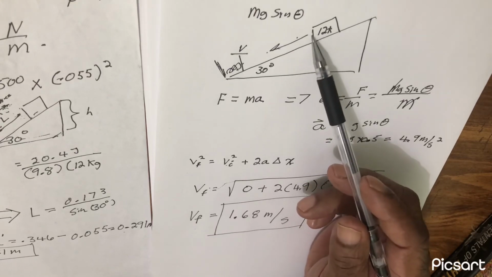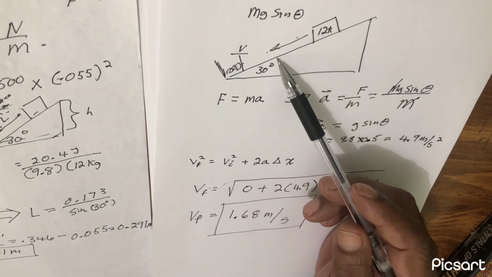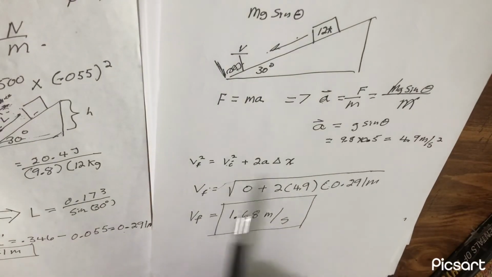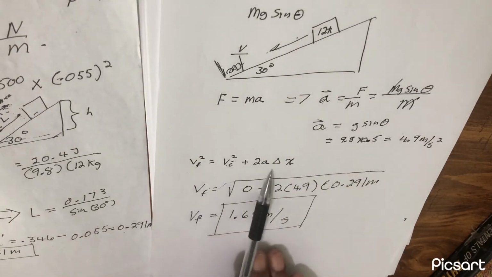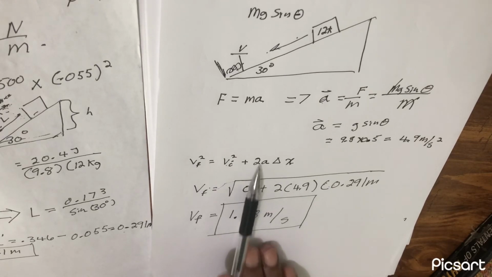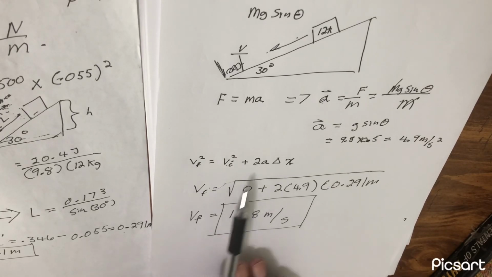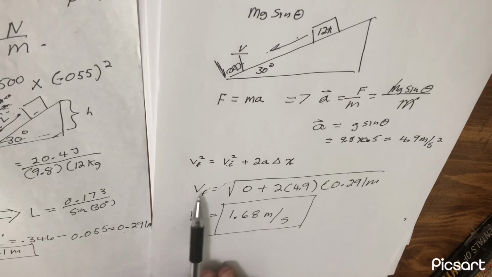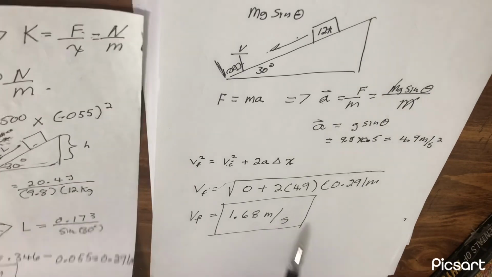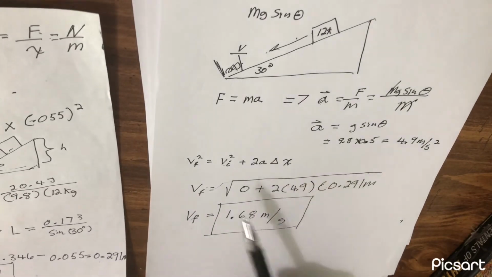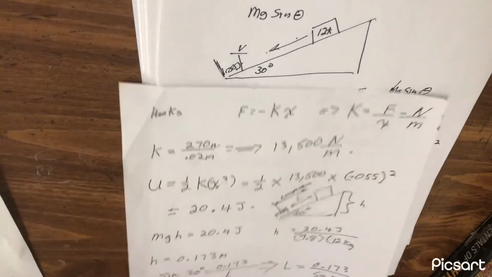Since we got a constant acceleration, this is ideal for a kinematic formula. So we set it in our kinematic formula, and we came up with 1.68 meters per second for the velocity just before it touched the spring. So that's it for this problem.